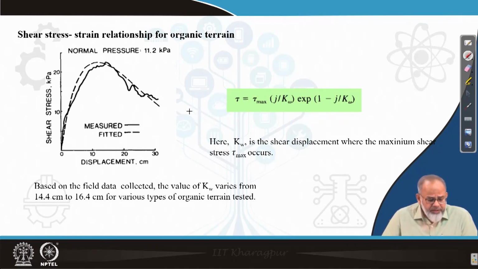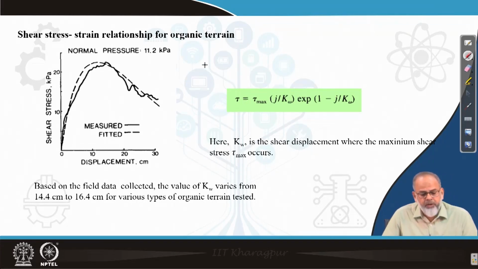Based on field data, the kw values vary from 14.4 centimeter to 16.4 centimeter for various types of organic terrains which were tested. This curve has been drawn for a normal pressure of 11.2 kilopascal.